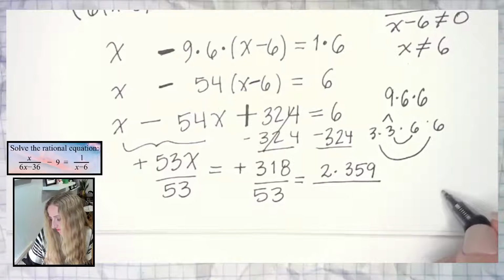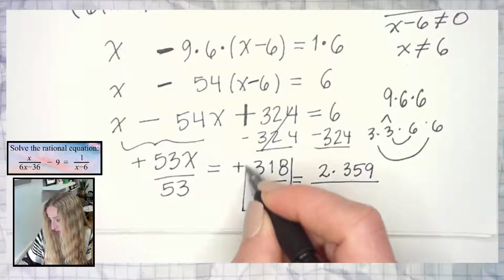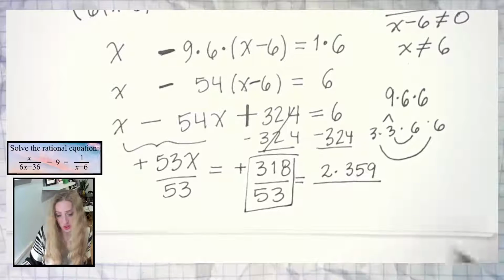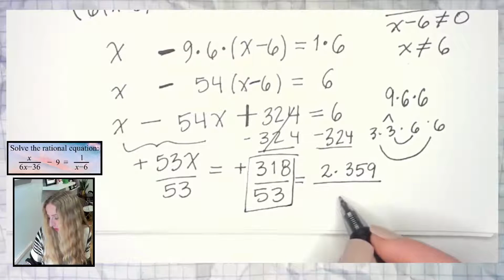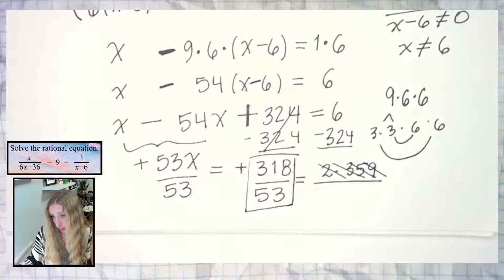But not so good, right? So it looks like we may not reduce and that our final answer is just 318 over 53. And we could just leave it like that as far as I can tell. So there you have it.